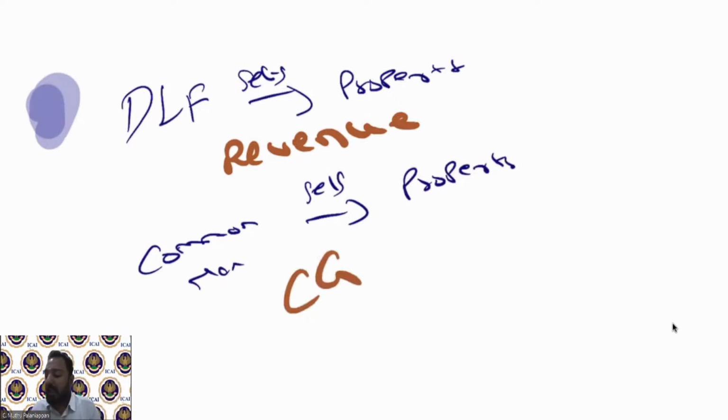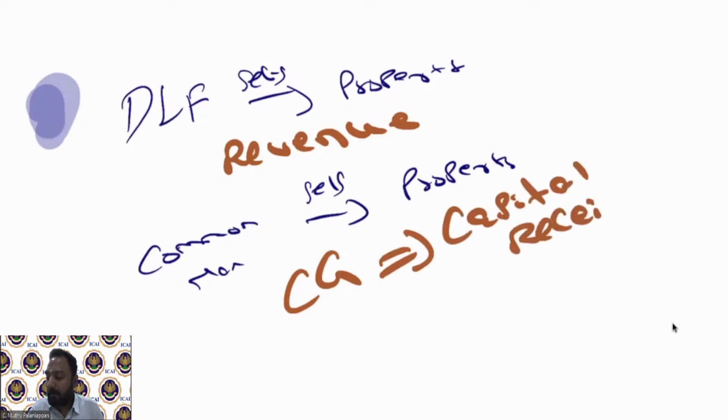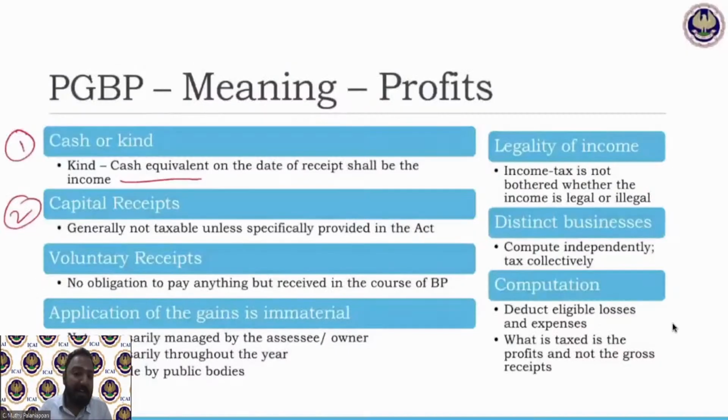Why is it called capital gain? Because it is a capital receipt. So typically the same transaction could be a revenue receipt in one person's view and a capital receipt in another person's view. Generally, as far as your business or profession is concerned, capital receipts are not taxable.